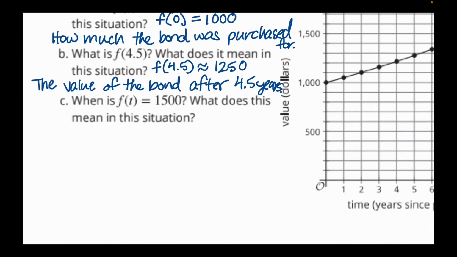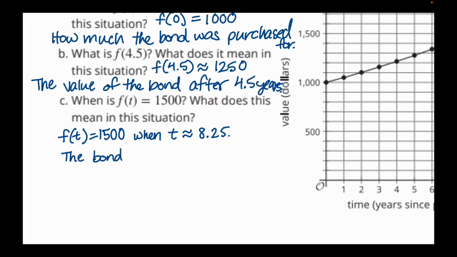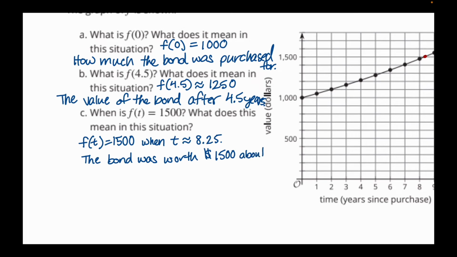So I can say, f of t equals 1,500 when t is approximately, because I am estimating, and I said it was around 8.25, and I can say the bond was worth $1,500 about 8.25 years after it was purchased.